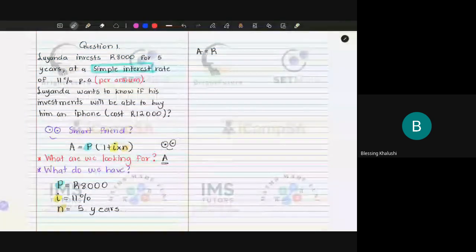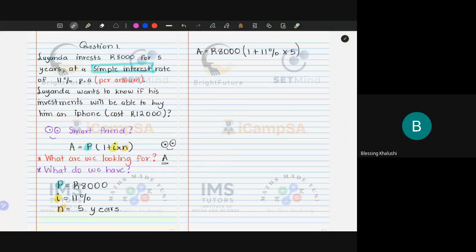When I defined P, I said it is the investment amount. So P is 8,000. That is what Luyanda is budgeting for an iPhone. Plus, the interest rate is 11%, multiplied by the number of years, which is 5.